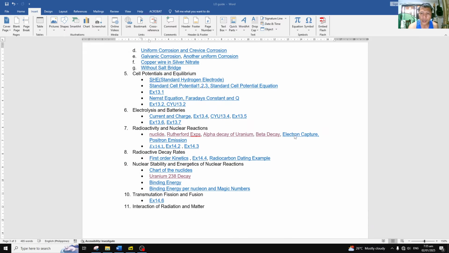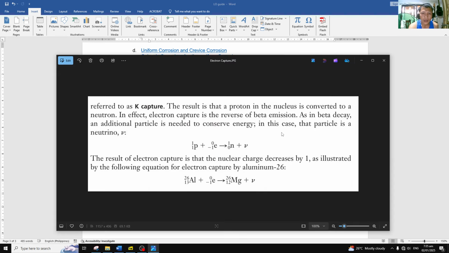The next is electron capture. When it comes to K-capture or electron capture, your electron is on the reactant side.